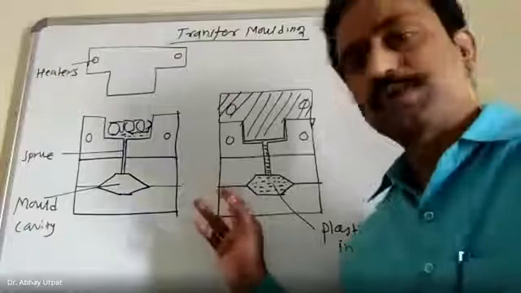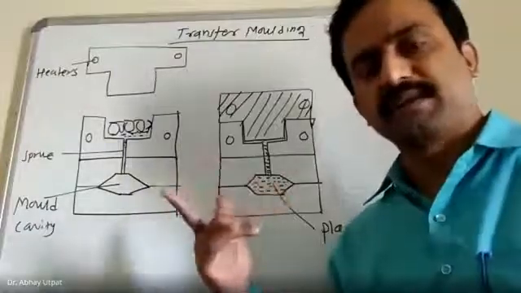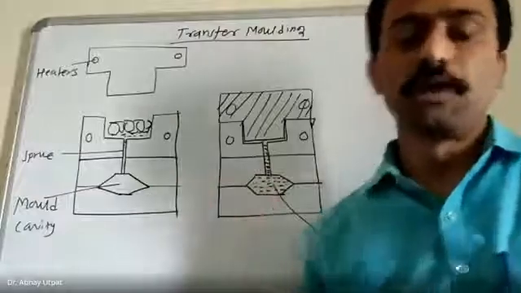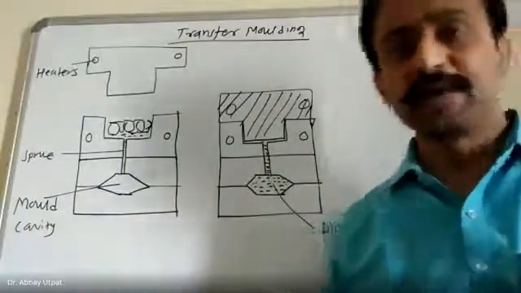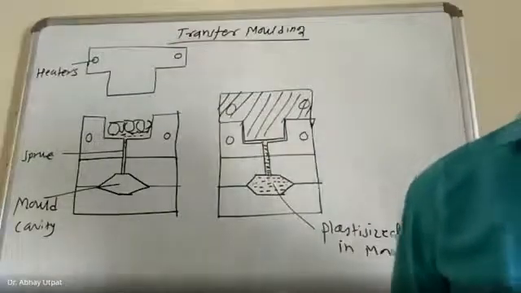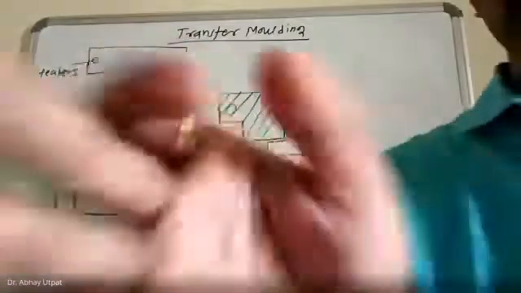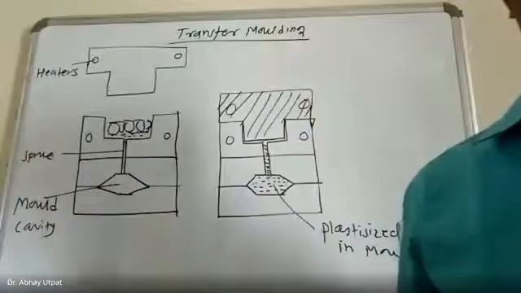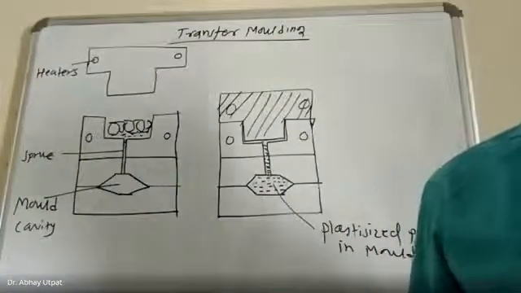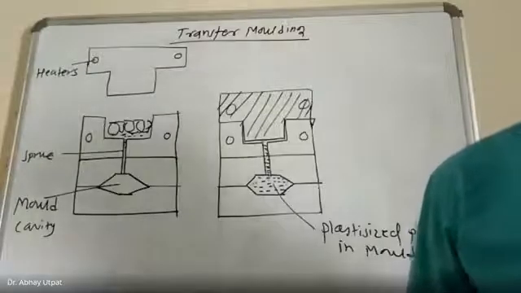Now in these molds you can provide a cooling arrangement, and this material may get cooled here. The cooling arrangement is provided in the mold for making the solid component.